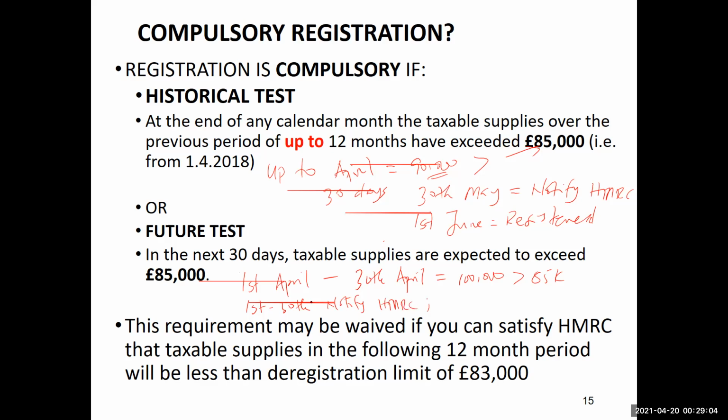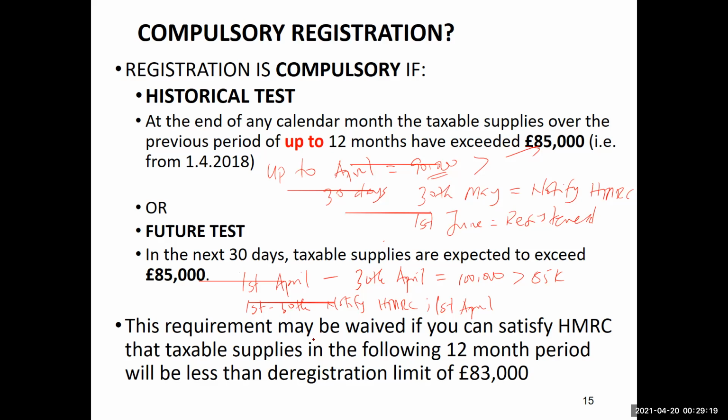And also, in terms of registration, I should have registered by the beginning of the same month. Okay, it's quite interesting. Here you are anticipating. Therefore, you must take proactive steps to get registered.